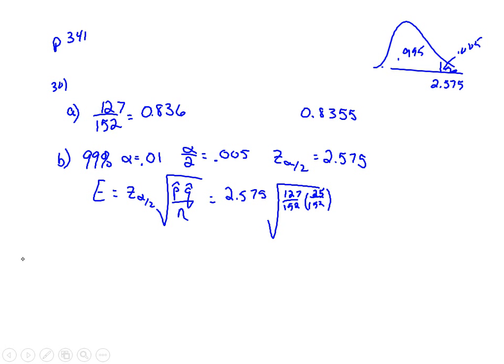If you were just putting the decimal in, I would do the 0.8355, so you keep those extra decimals. Questions doing that? And make sure you keep those extra parentheses in there as you do things.